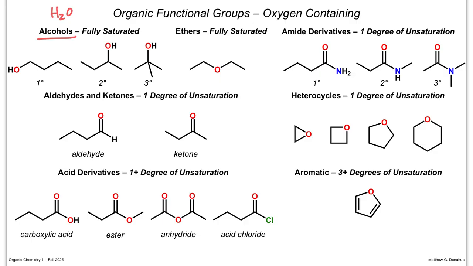So when I say alcohol, you should think OH. Now, alcohols are classified in a different way than amines are. So in the first example, we see the OH group here. So they always have to have OH.